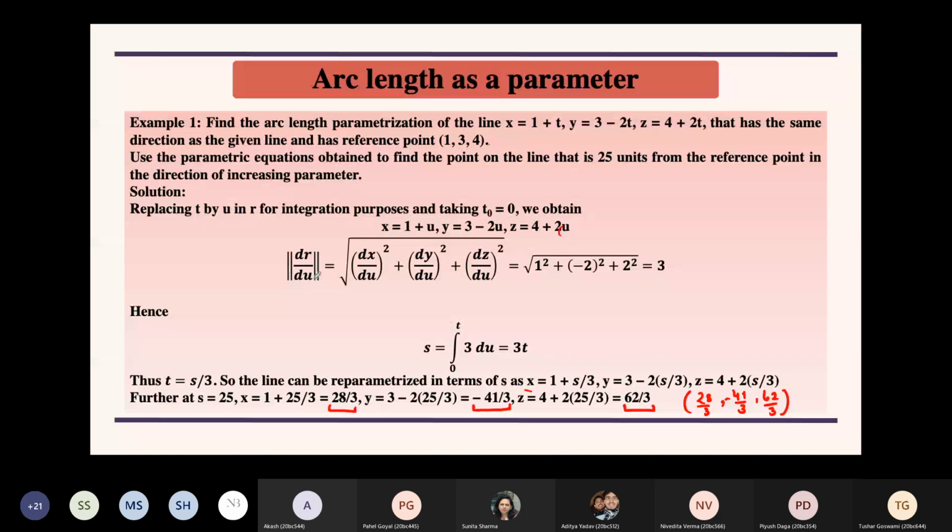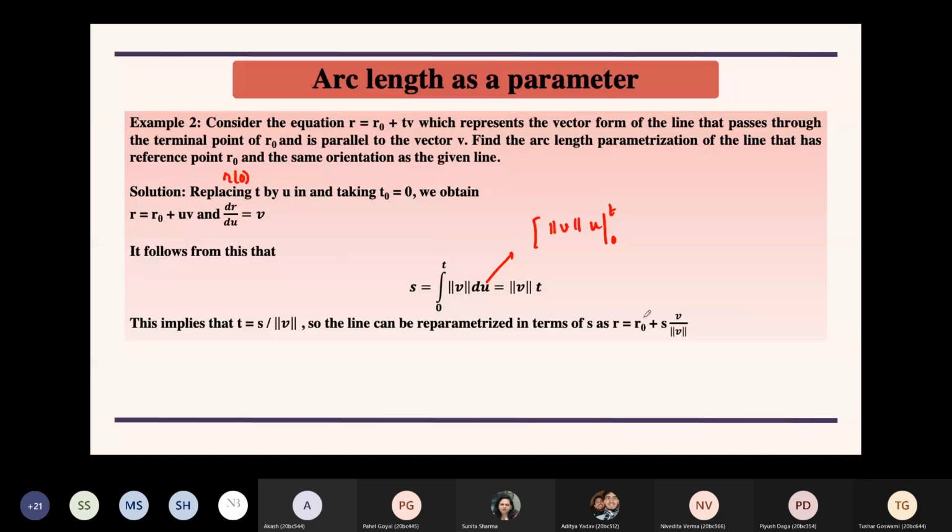The v vector is dr by du, and the norm of that is what you are dividing by. So s divided by that norm gives you the value of t. For this particular question your norm is 3, and in general you will write it in terms of norm v like this. For any straight line, this will be the parametric representation.